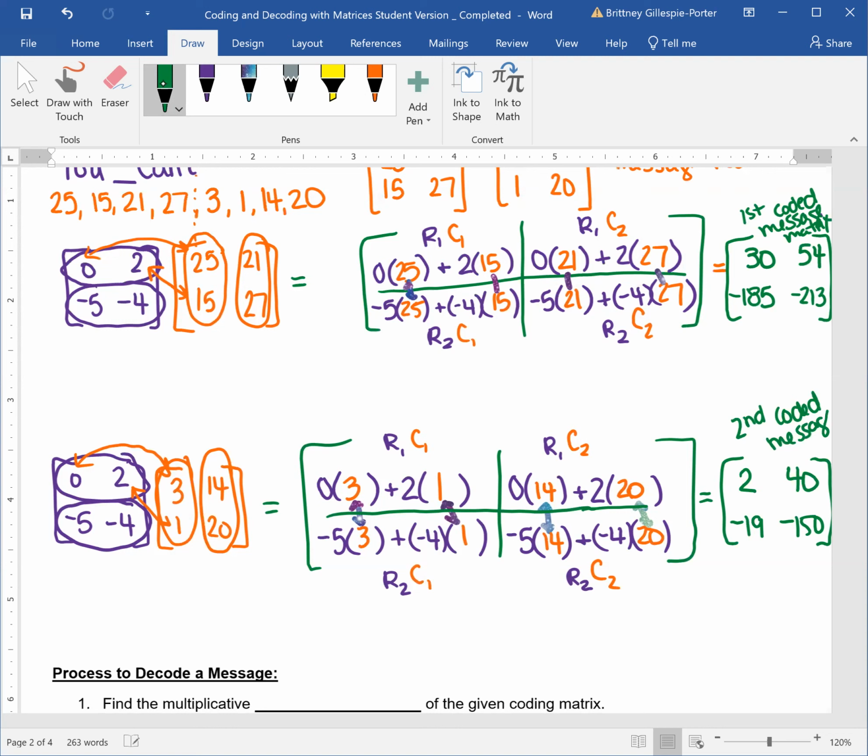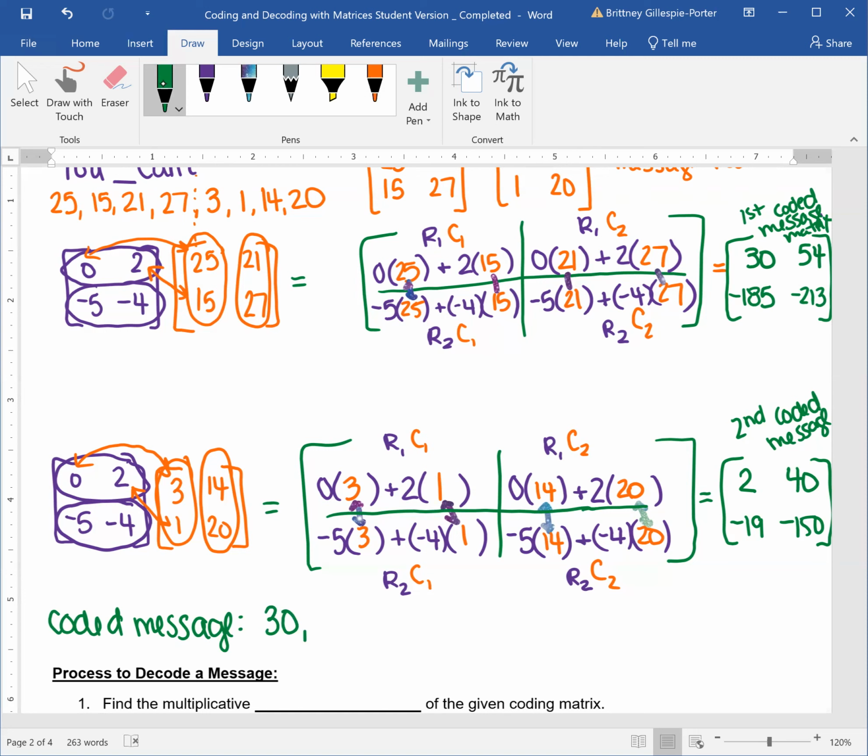And we need these in the order that we gave them, because if we sent them in the opposite order, it would be can't you? And they would think it's a question, probably take it in the affirmative that they can when you're telling them they can't. So make sure that when we write out our coded message, we begin with our first matrix. Top left corner of matrix 1 was 30.